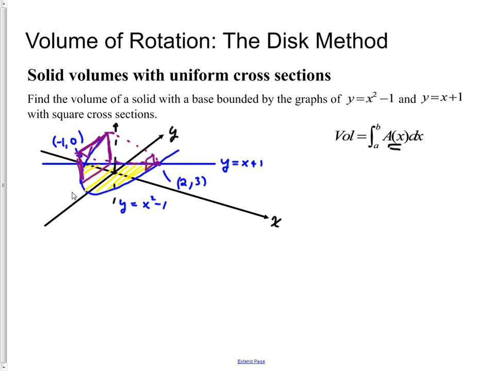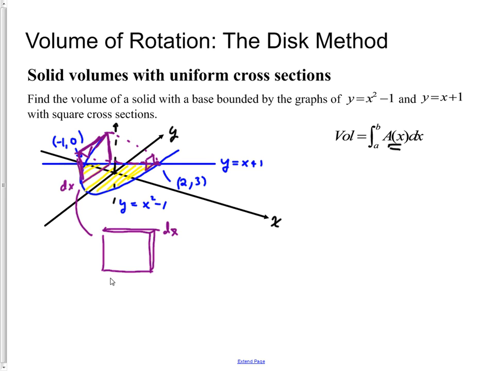Well, what is our cross-section? If you look at this square that I've drawn right here with a width of dx, my height is going to be the difference between my function x plus 1 and x squared minus 1. So what I'm really going to have here is this square little dx width plate, with a thickness dx.